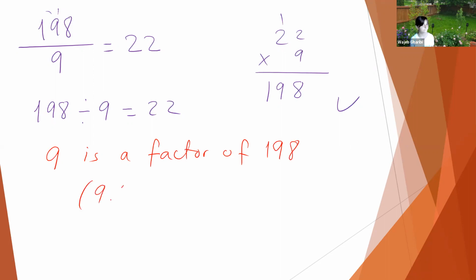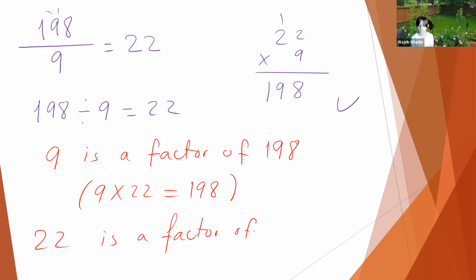Because 9 times 22 equals 198. And also 22 is a factor of 198. Why? Because 22 times 9 equals 198. Okay?